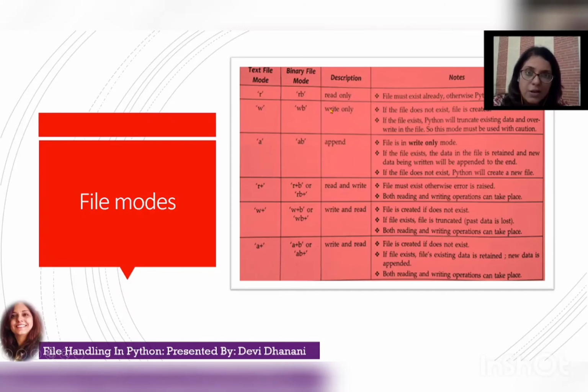So with the help of write mode, we can create a new file if it does not exist. With the help of append mode also we can create a new file. But if we are trying to read a file which does not exist, it will definitely raise an error.